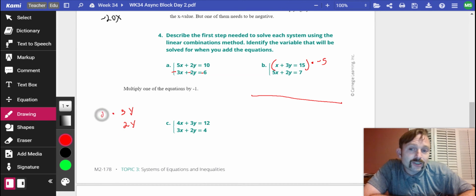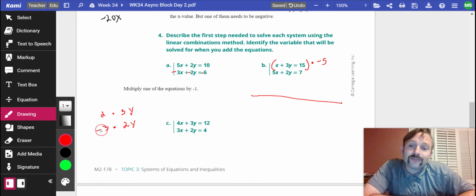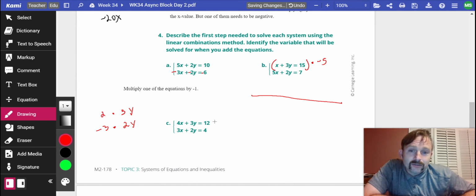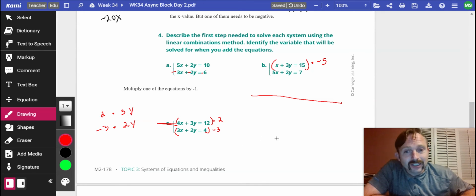We can multiply the top equation by 2, and the bottom equation by not 3, but -3. So times the top one by 2, and times the bottom equation by -3. And that will create an additive inverse of the y's, specifically 6y.